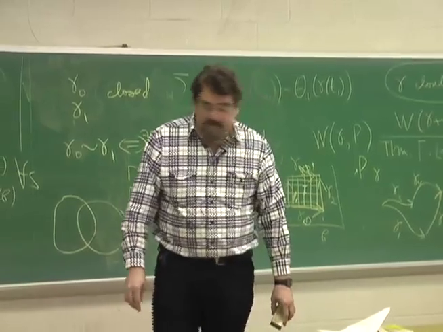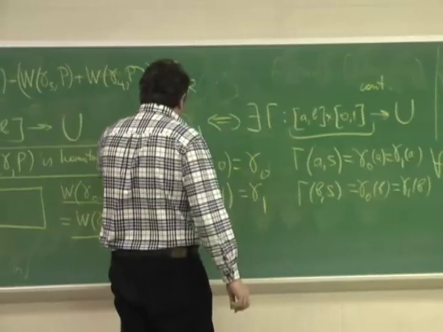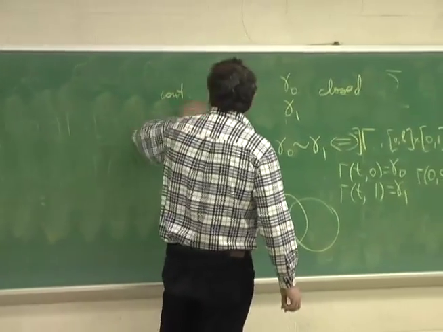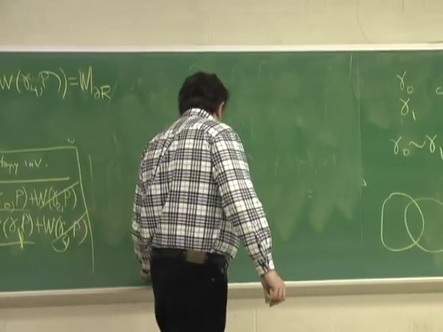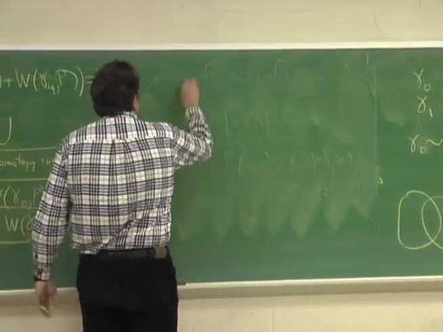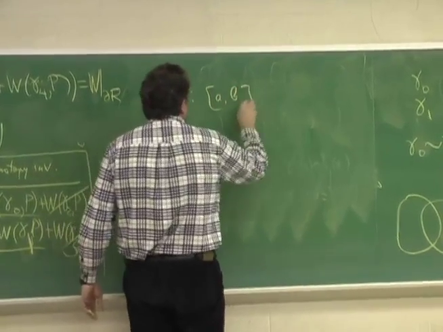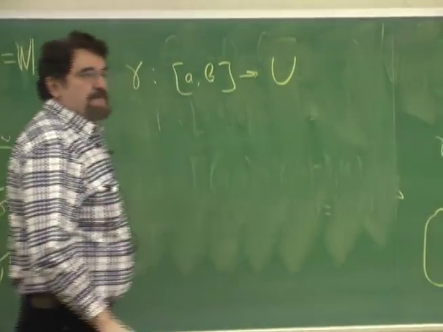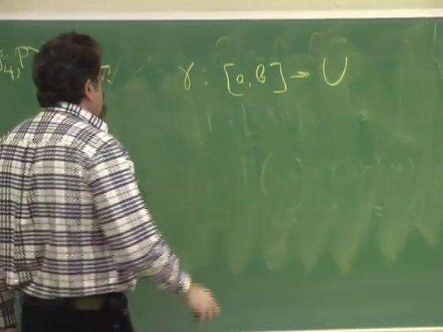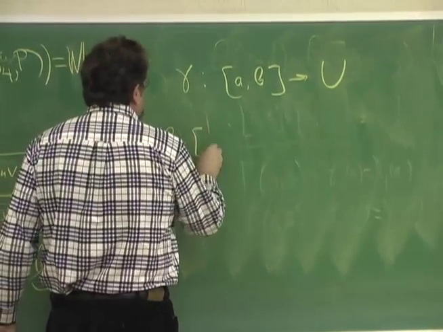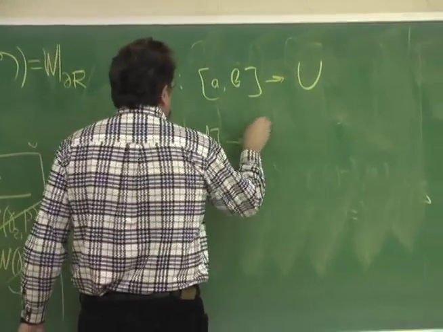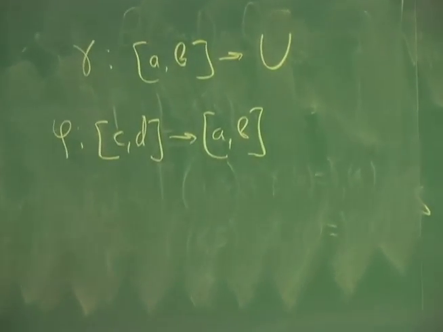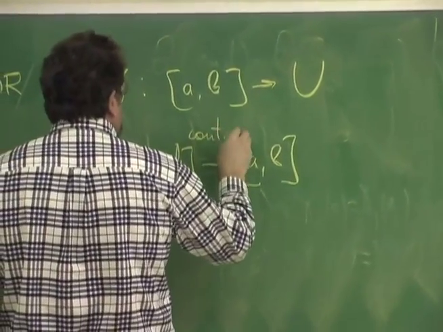Now let me suggest an exercise, but with a hint. Imagine I have a curve gamma from AB to U. And let phi be a mapping from CD to AB, continuous and onto.